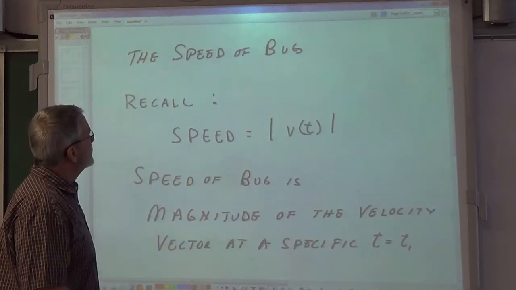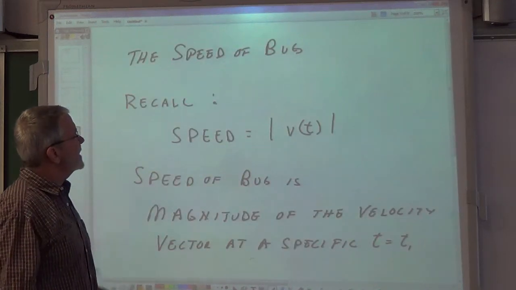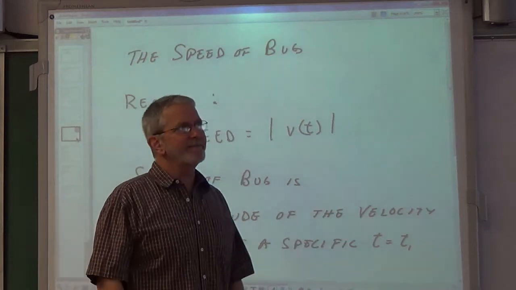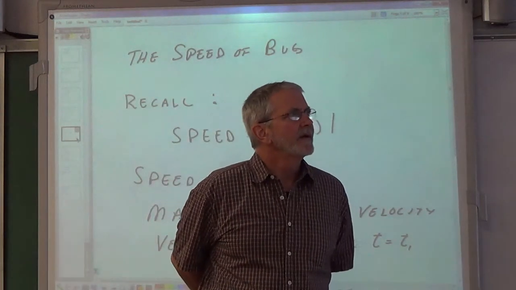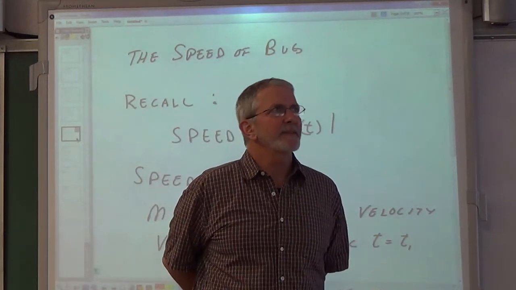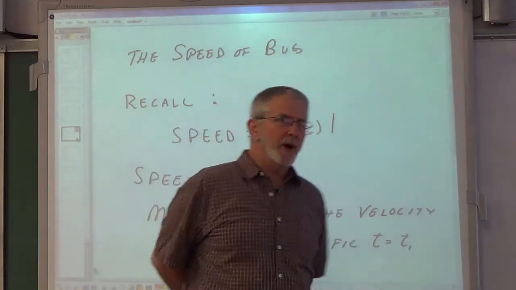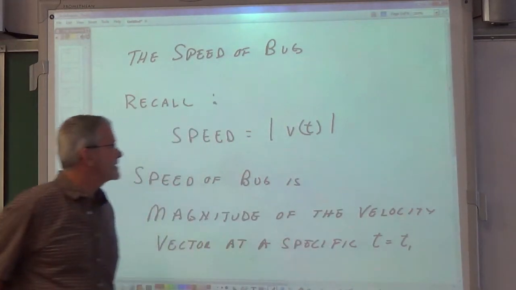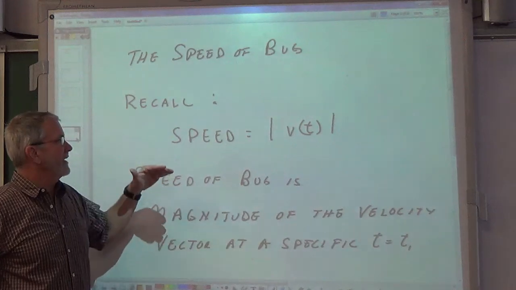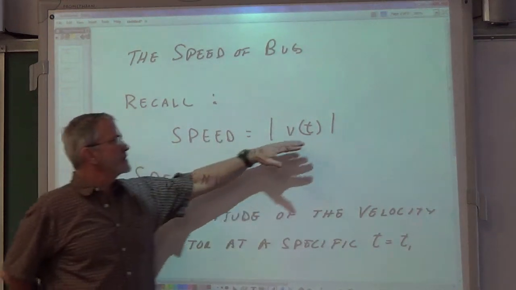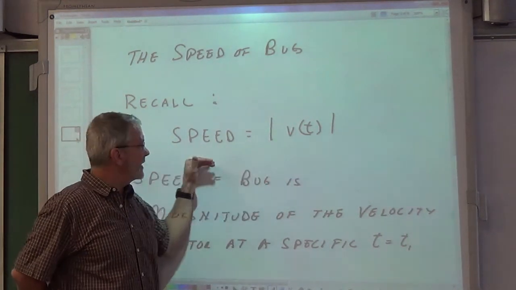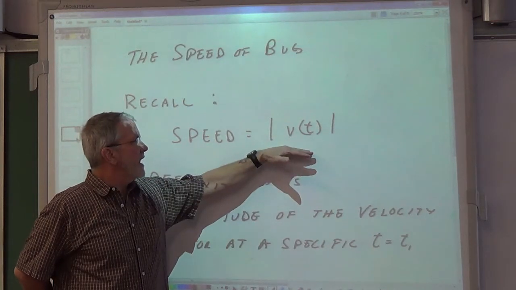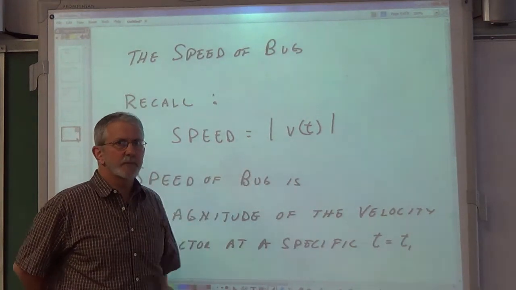And let's discuss now the speed of that bug. How fast is that bug going? We talk about velocity and speed, but let's find the speed of that bug, and let's recall what the speed is. The speed of anything is defined as the absolute value of velocity. We've discussed this previously.